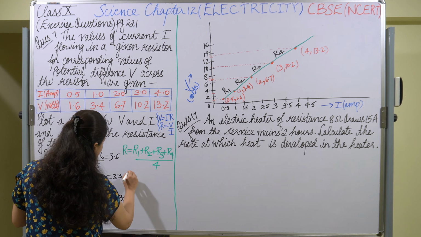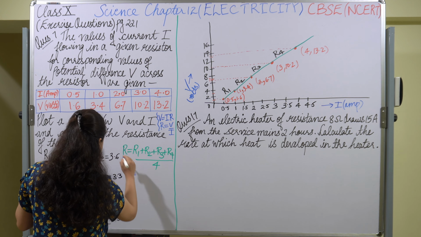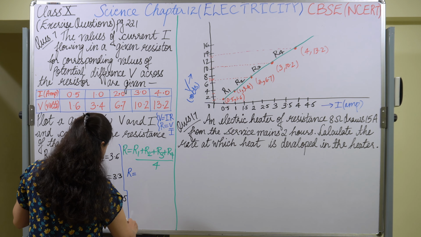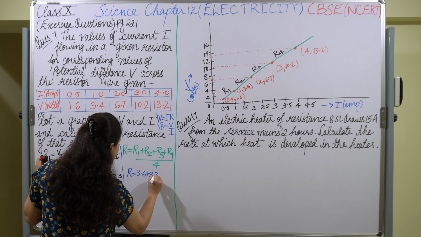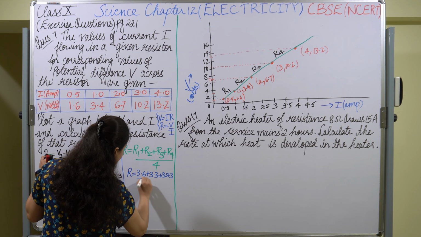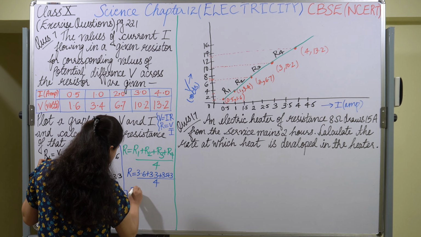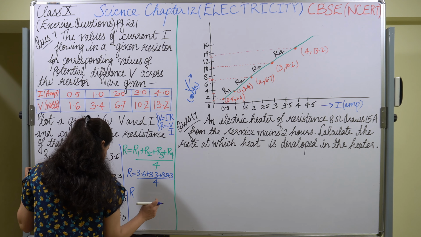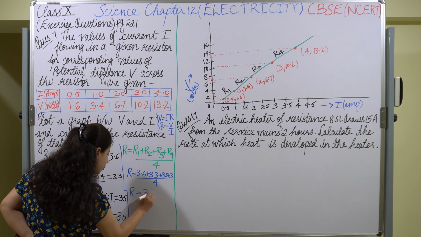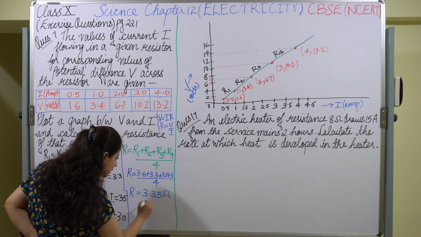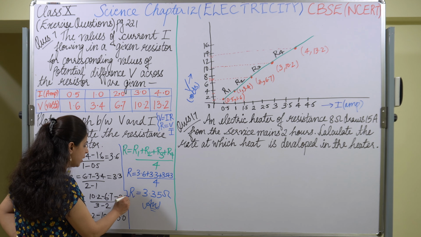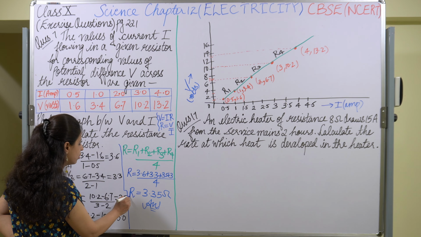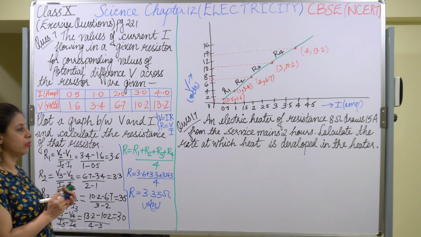So my resistance will be equal to 3.6 plus 3.3 plus 3.5 plus 3 upon 4. So when I solve it, we'll be getting over here 3.35 ohms as our answer. Okay, so in this way, we need to calculate the value of the resistance.